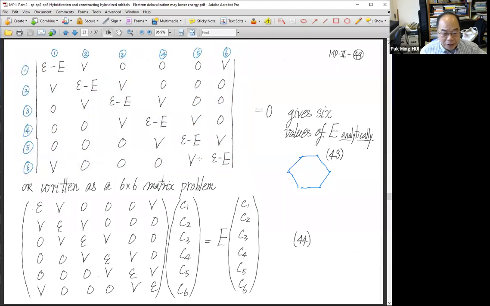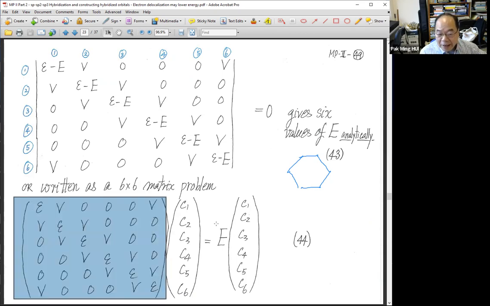This is equivalent to a matrix problem. This is a determinant equals 0 problem. Just to remind you, this is the same as this matrix problem, finding the eigenvalues and the eigenvectors. They are the same problem.